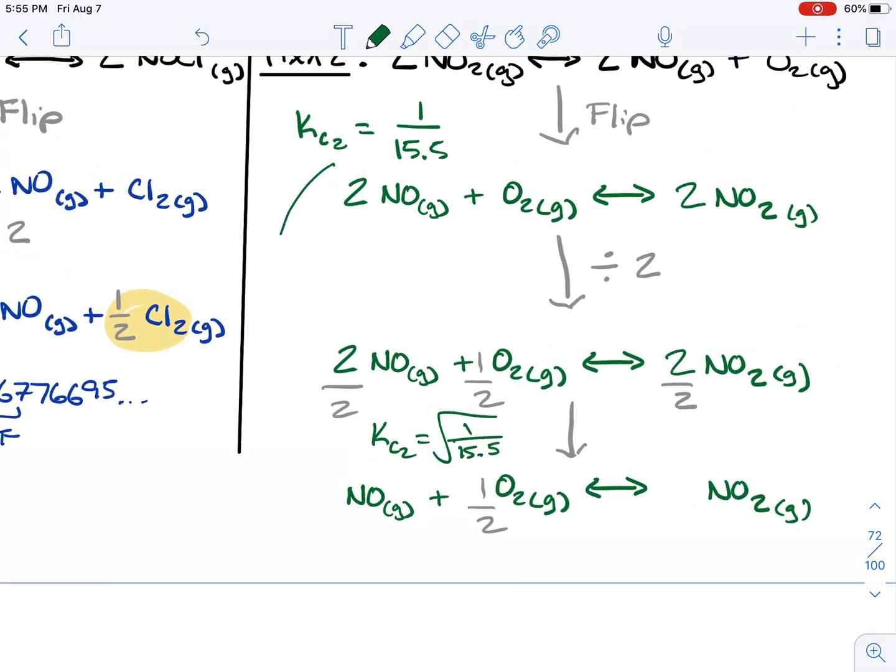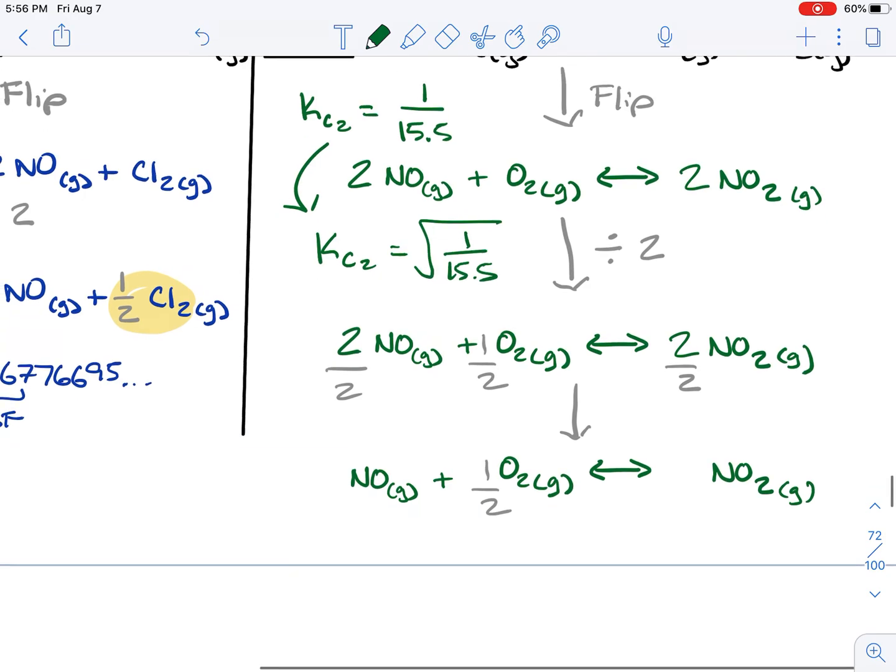So I carried over the 15.5, and then after this manipulation, actually, let me move this up. So here's Kc2, and take the square root over 1 over 15.5.